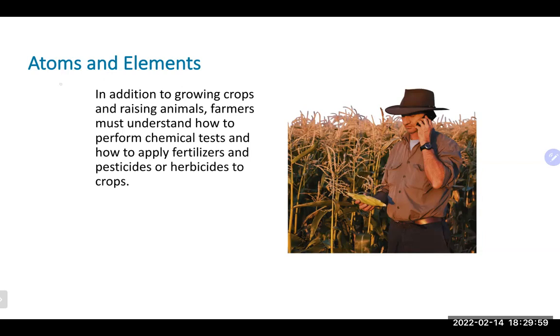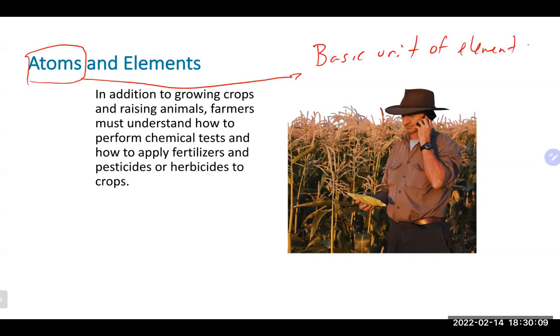Now, the atom is really the basic unit of an element. And as you may know, and as we'll talk about here, an atom, even though it's really, really small, is composed of 3 smaller particles, which are sometimes referred to as subatomic particles.